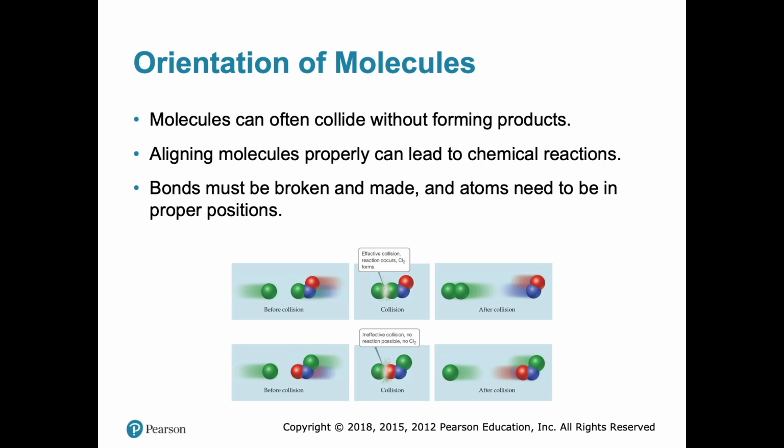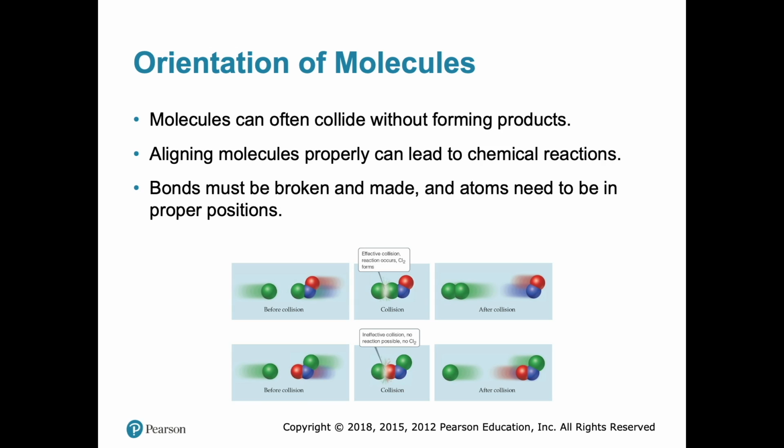But the problem is that if you had a collision where the chlorine molecule is not faced so that the chlorine atom collides with it, then this chlorine atom will just collide with, let's say, usually red is oxygen. So it collides with this oxygen and just bounces off, and there's no reaction at all. So the more collisions there are, the more likely you have the molecules in the right orientation.